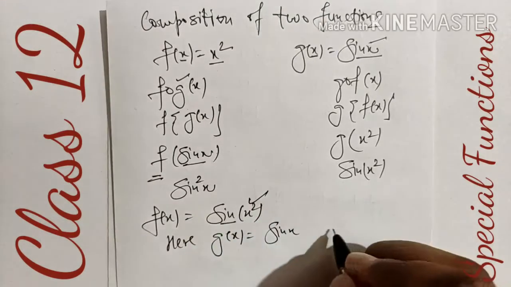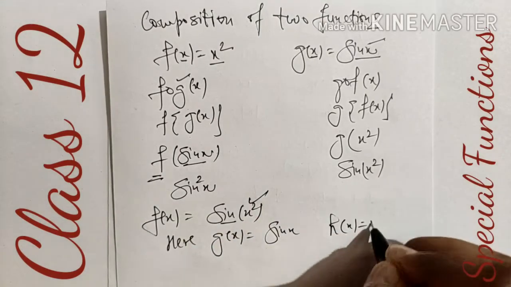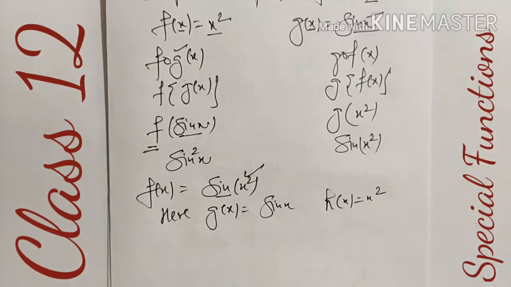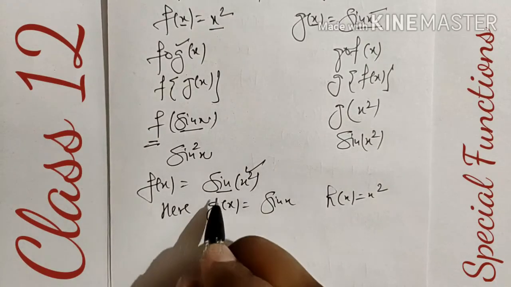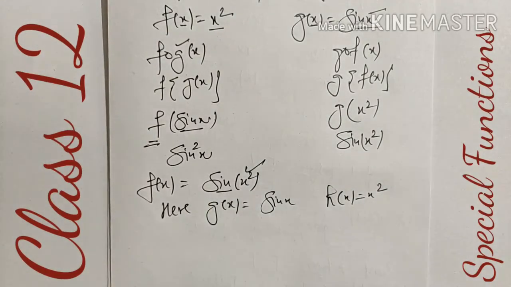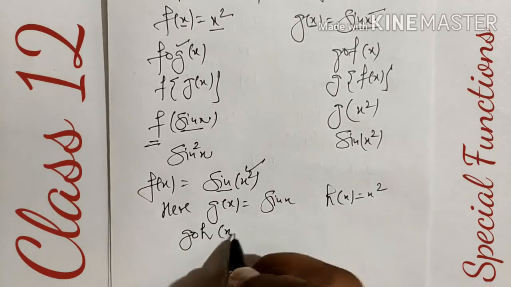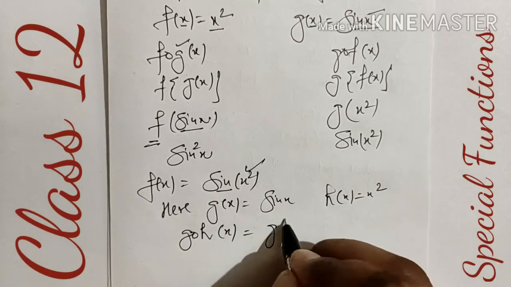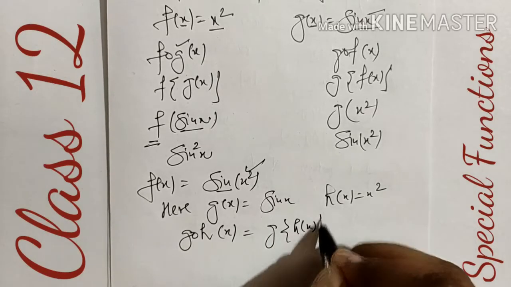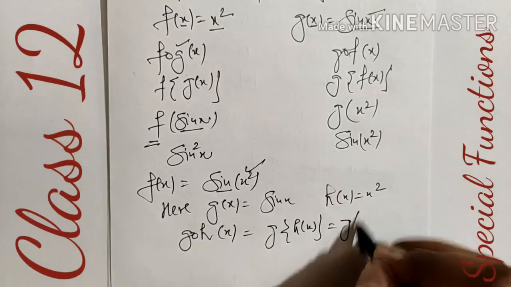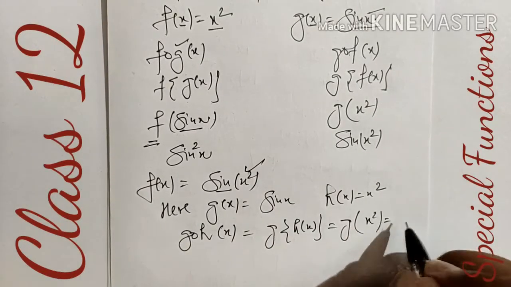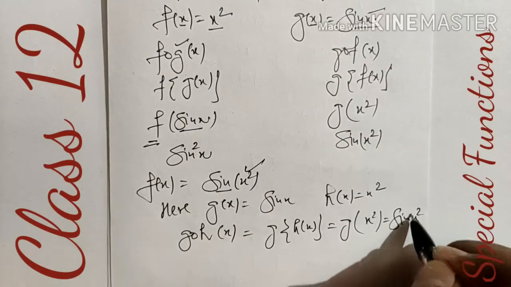The second is algebraic. If you see here, sine is operated last, that's why the input becomes the angle. So the sine function, g, comes on the left hand side. Here g of h of x, with h of x equal to x square, so it becomes sine of x square.